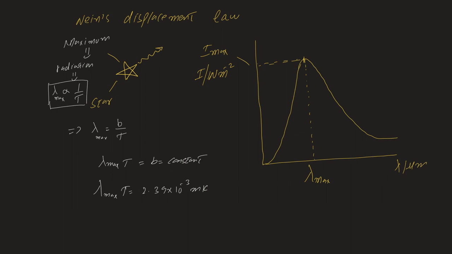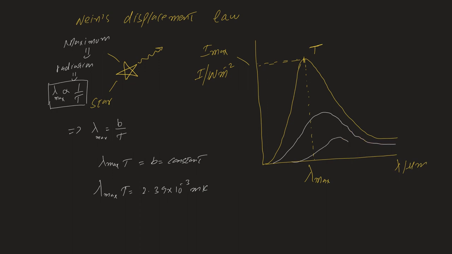If you decrease the temperature, for example, this will occur at a particular temperature T. So temperature and wavelength are inversely proportional to each other. If you further drop the temperature, then the peak will shift like this.